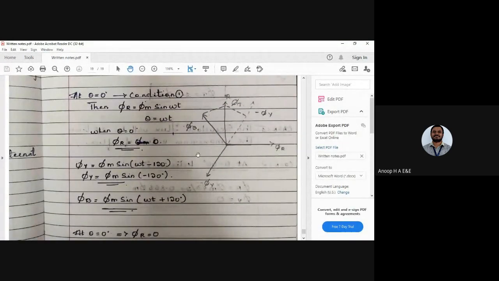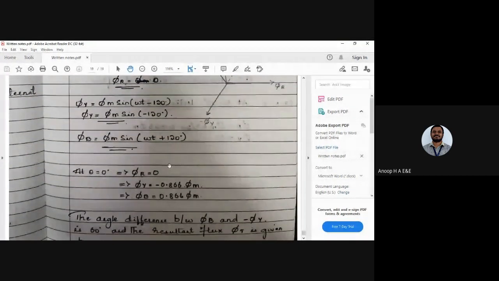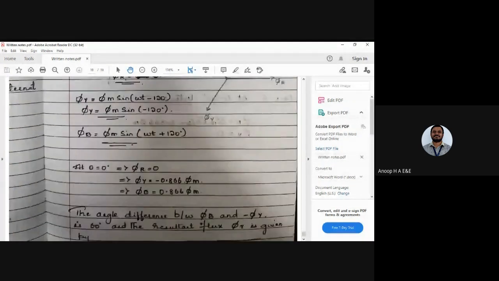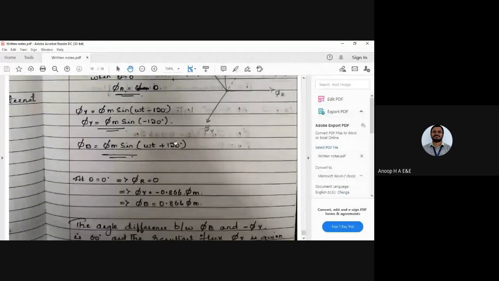We have phi r, phi y and phi b, and phi b at minus 240 can also be written as plus 120. So phi r is phi m sine omega t, phi y is phi m sine omega t minus 120 degree, and phi b is plus 120 degree.